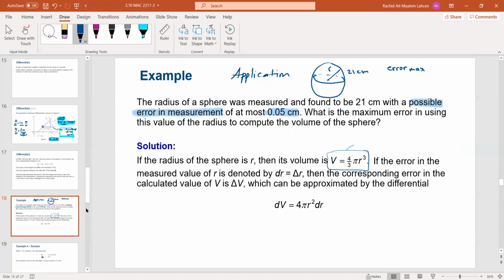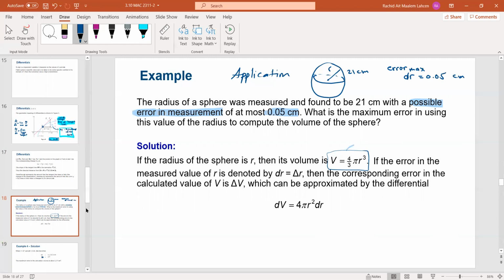What does that mean? It means when you measure, you're not getting the same reading every time, but there is a difference between the readings. The highest difference you find is the differential of r, just like we talk about differential of x. We find that it is 0.05.